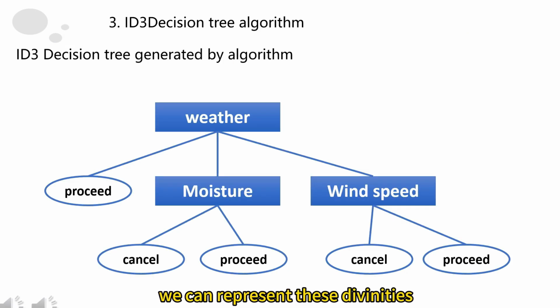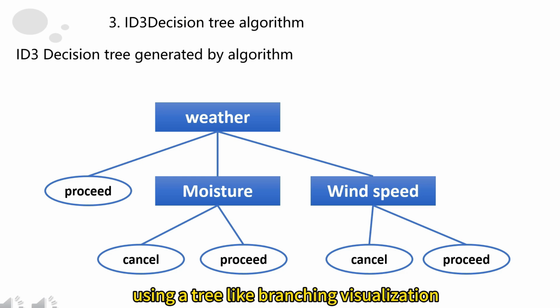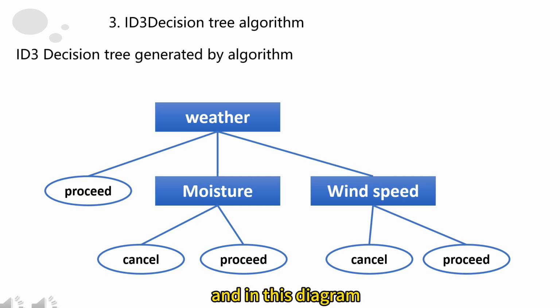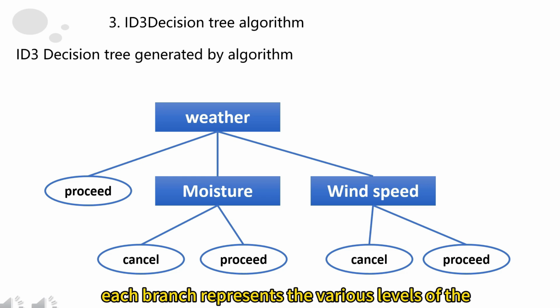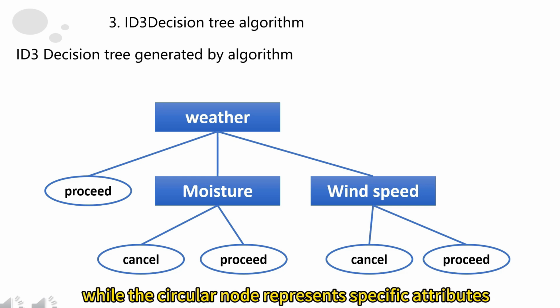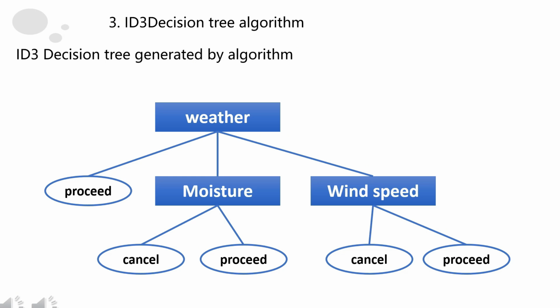We can represent these differences using a tree-like branching visualization, which is what our decision tree looks like. In this diagram, each branch represents the various levels of the attribute, while the circular node represents specific attributes.